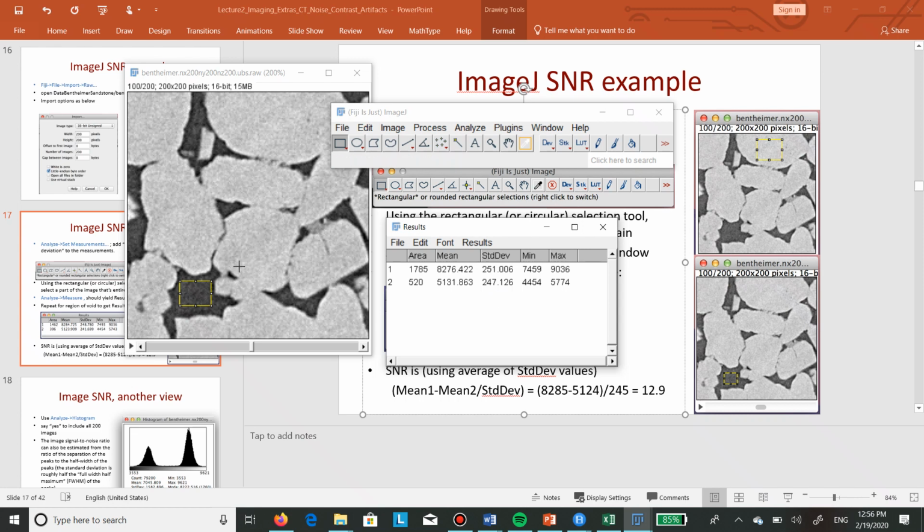And you can see that this is supposed to be the same mineralogy or very similar. And this is empty, and I see quite a bit of noise, right? And basically, you can take this difference and divide it.